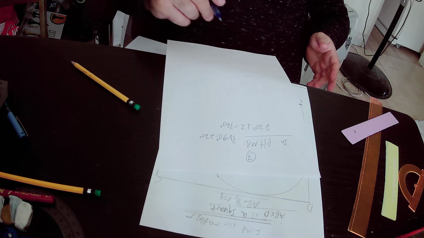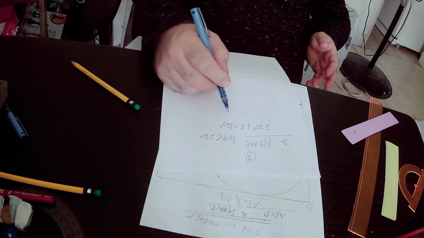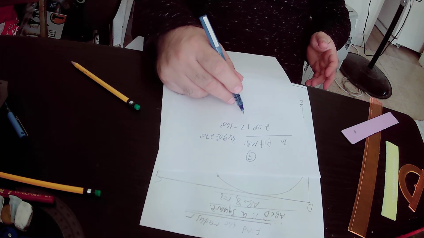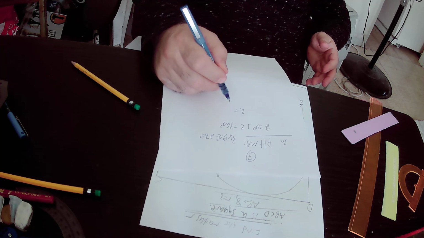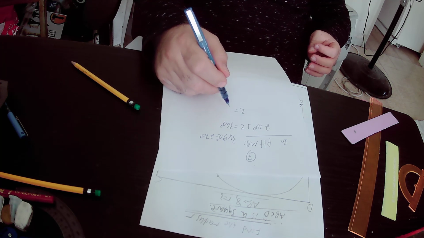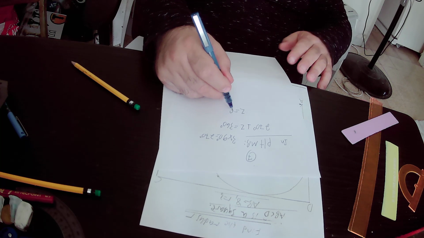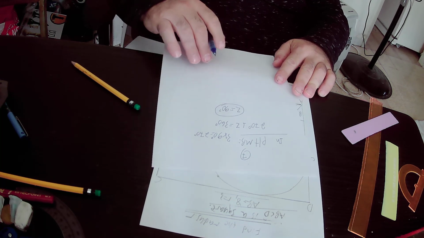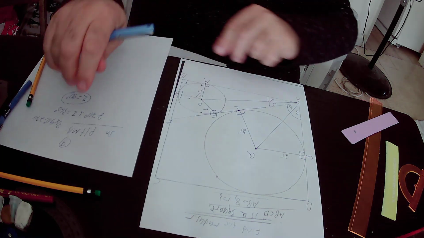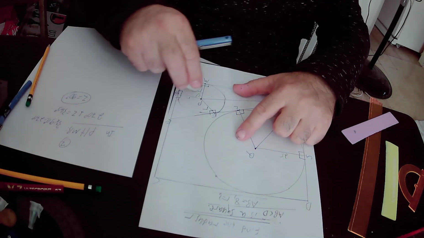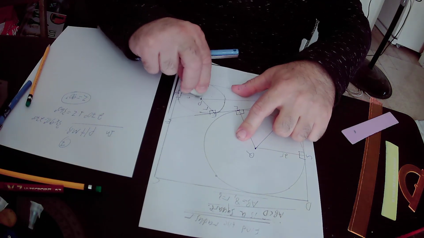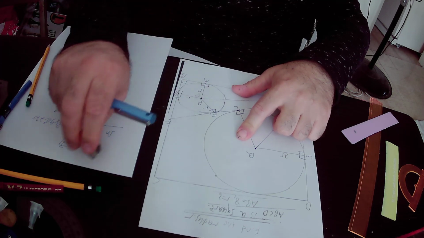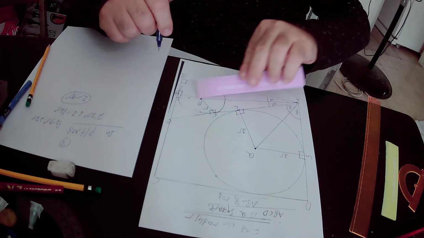So we subtract 270 degrees, and we get that angle Z equals 360 degrees minus 270 degrees, which is 90 degrees. So we found that angle Z equals 90 degrees. I'll write it down that the size of angle Z is a right angle, it equals 90 degrees.